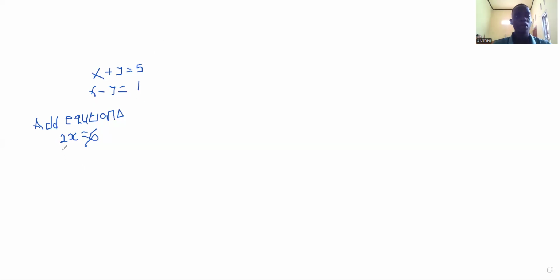So here we divide both sides by 2. If 2x is equal to 6, then we divide both sides by 2.